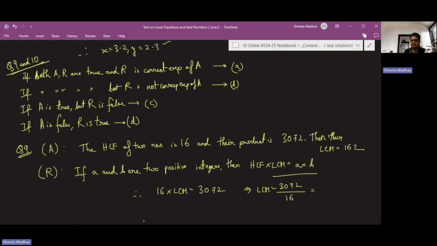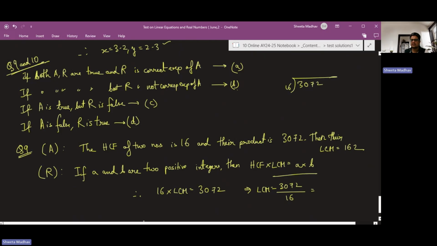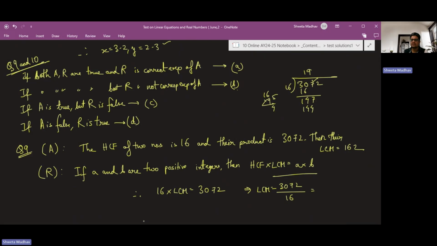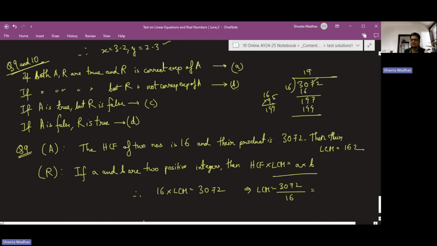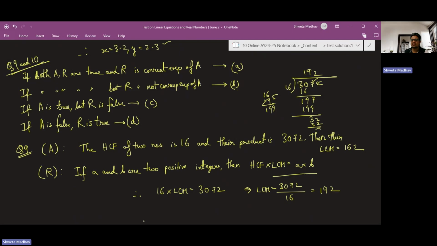You can divide 3072 by 16: 16 ones are 16, then this is 4. 16 nines are 144. If you subtract, then this is 3, this is 2. 16 twos are 32. So then their LCM should be 192.